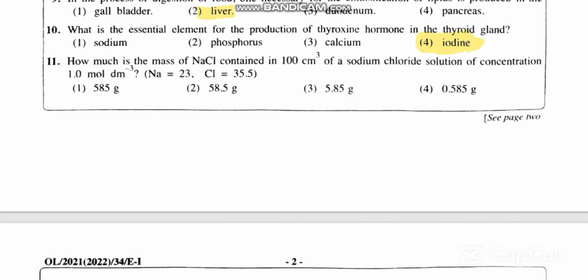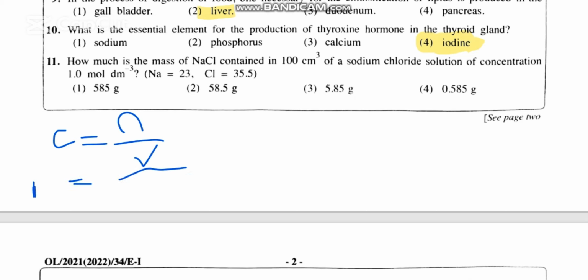How much is the mass of NaCl contained in 100 cm³ of a sodium chloride solution of concentration 1 mol dm⁻³? They are asking the mass of NaCl contained. First we'll find the amount of moles. So you know C equals n over V. They say the concentration is 1 mole per decimeter cube.